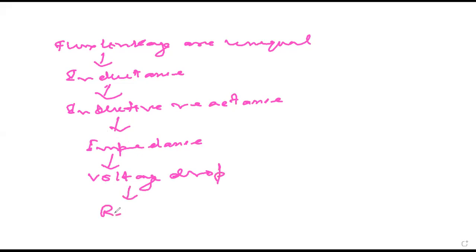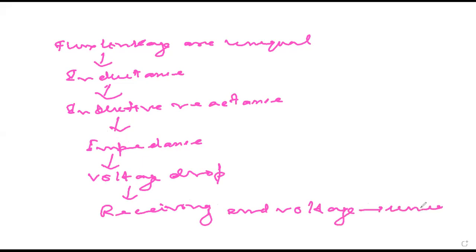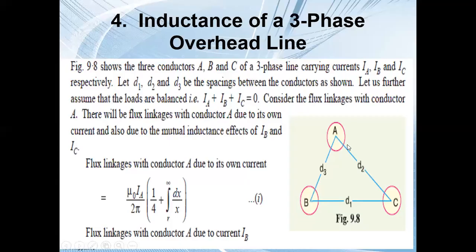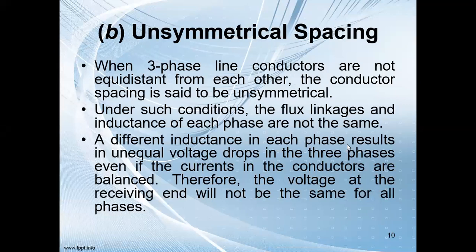So the receiving end voltage will be unequal. Because of this reason, when the conductors reach the receiving end, we will receive unequal voltage. When the three-phase line conductors are not equidistant from each other, the conductor spacing is said to be unsymmetrical.